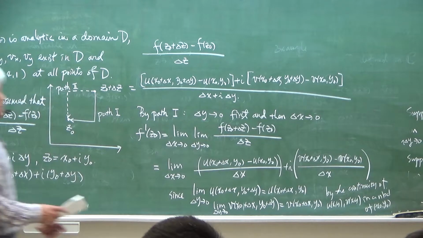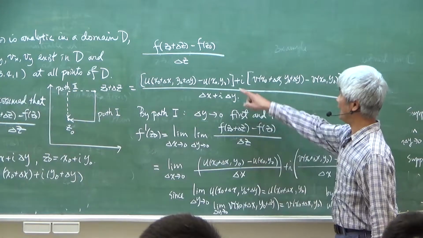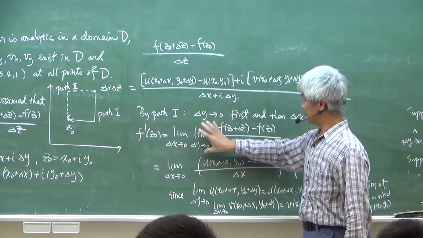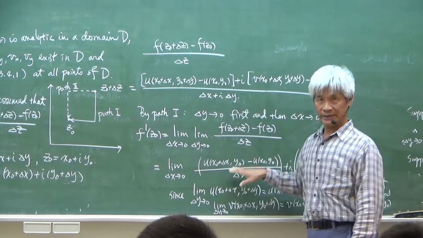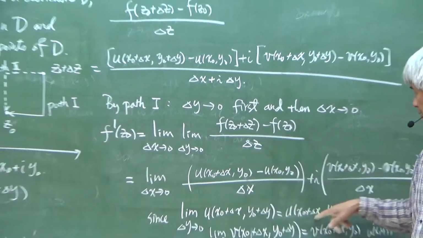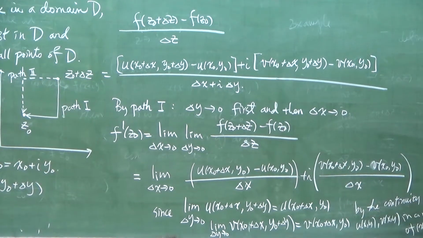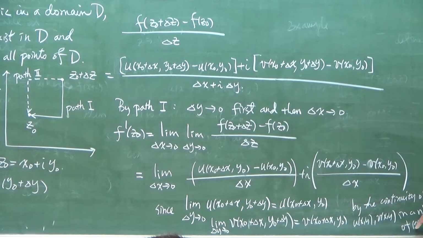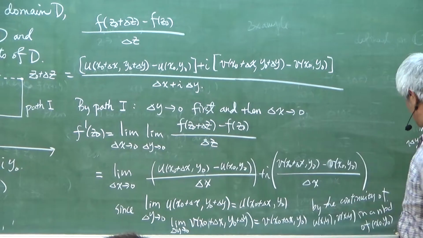So the reason why, when delta y equals 0, the first limit always exists is that u and v are continuous functions in the neighborhood of x0 and y0. This is the key reason.